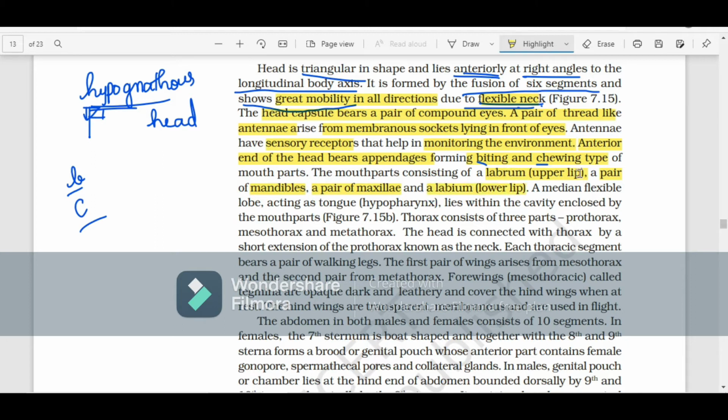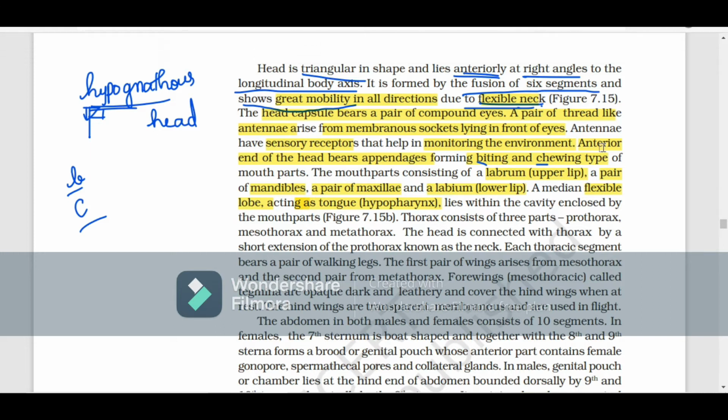There is also a median flexible lobe known as the tongue, the hypopharynx, which lies within the cavity enclosed by the mouth parts. The mouth parts were the labrum, a pair of mandibles, maxillae, and then labium.